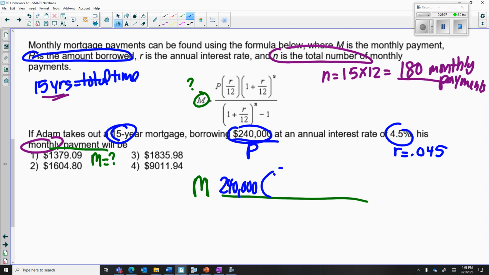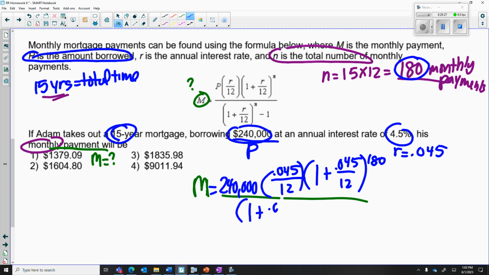The rate is 0.045 over 12, 1 plus 0.045 over 12, because it's per month basically. The N is the total number of monthly payments, 180, which we solved up top. And then again, the denominator is 1 plus 0.045 over 12 to the N again, so another 180, minus 1.